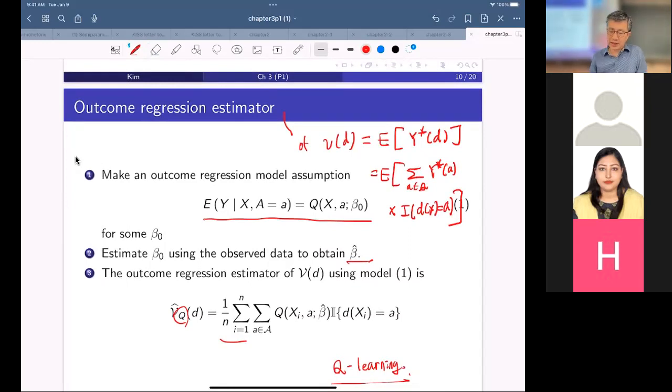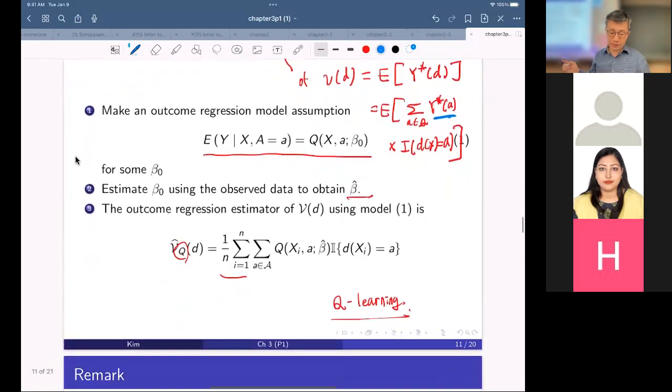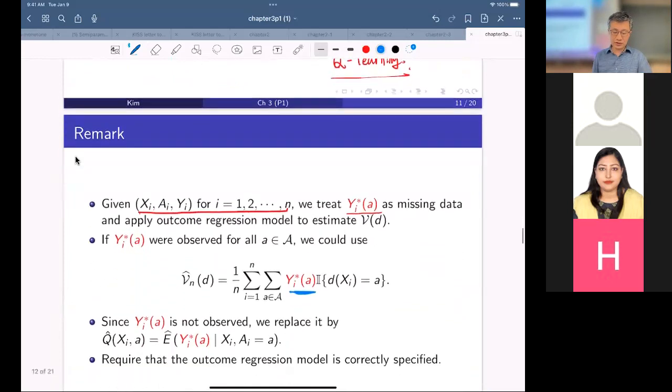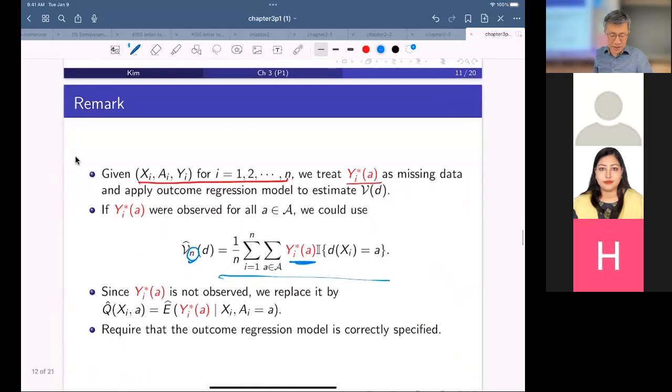My point is that this is missing data, a potential outcome missing data. But if you can observe it, then you can just use the sample mean. That's why I use a subscript n to denote the naive sample mean estimator.